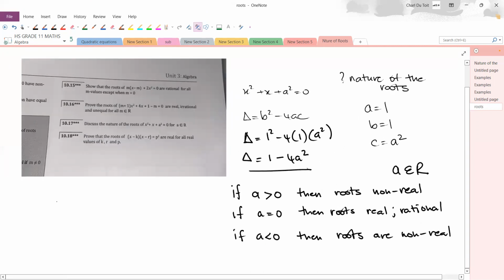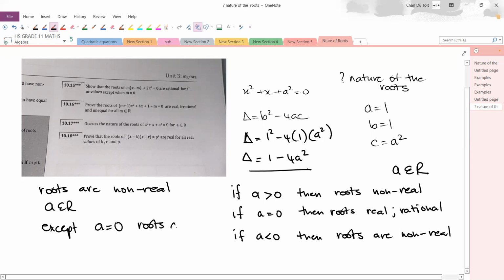They'll probably have something like this: roots are non-real for a an element of the real numbers, except where a equals 0. Roots are real and rational.